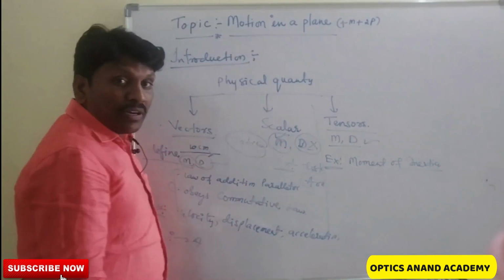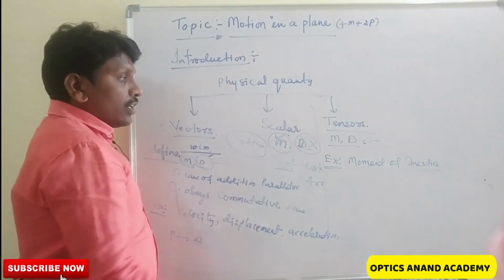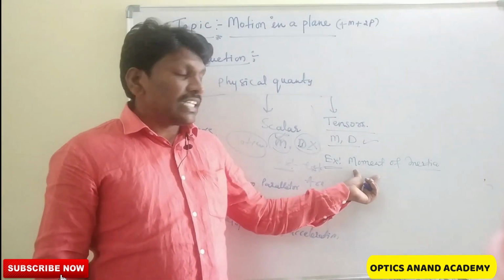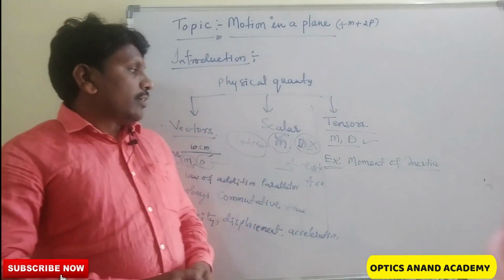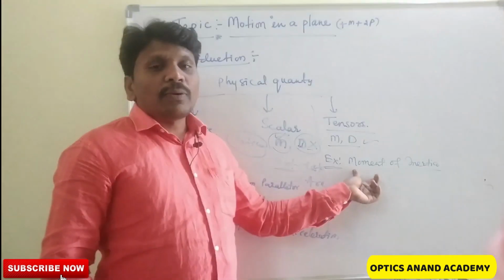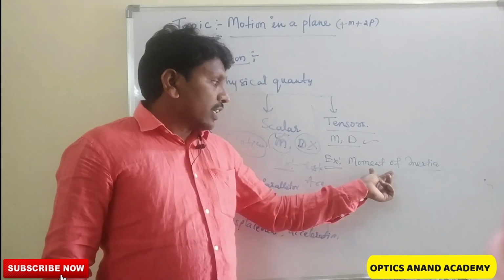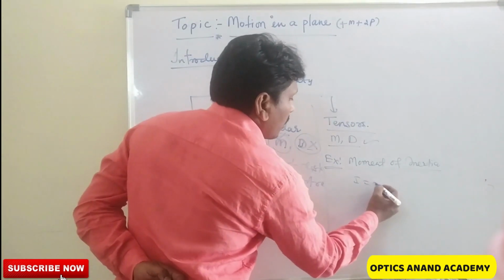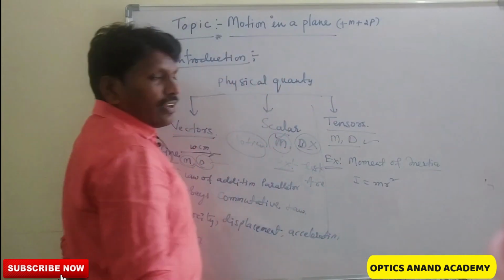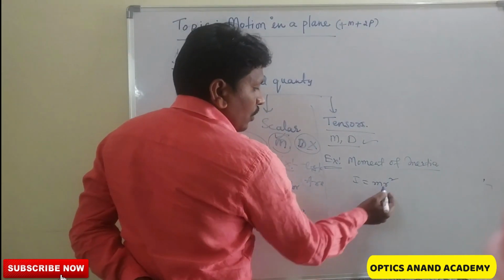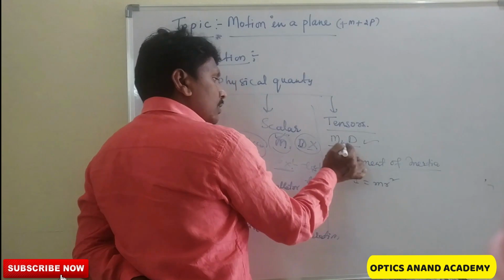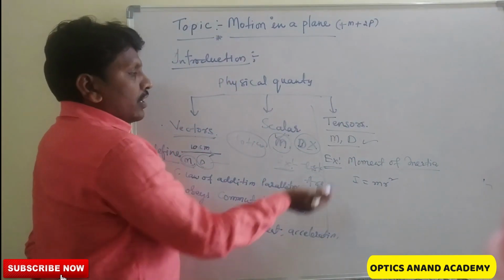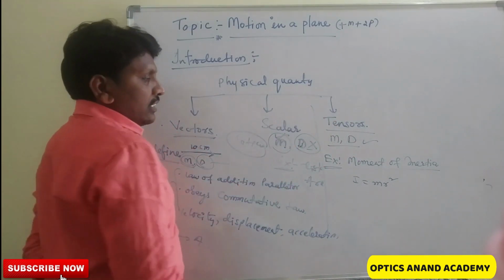You will study moment of inertia in the 7th chapter of first year, system of particles and rotatory motion, where I is equal to mr squared. It has magnitude and direction, but in different magnitudes and different directions.